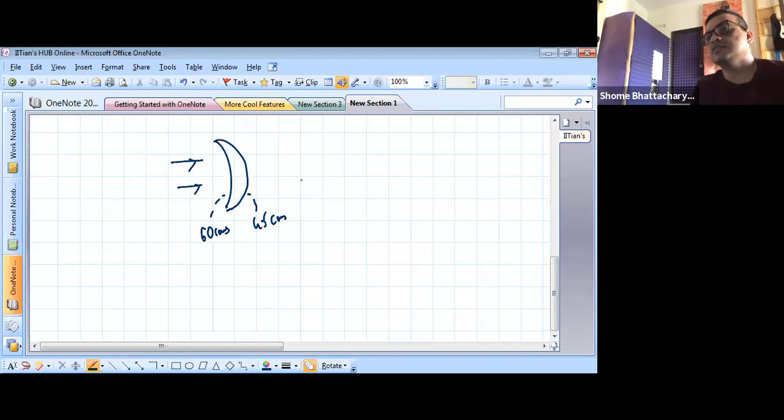So it has a power, or inverse of focal length. So this much.